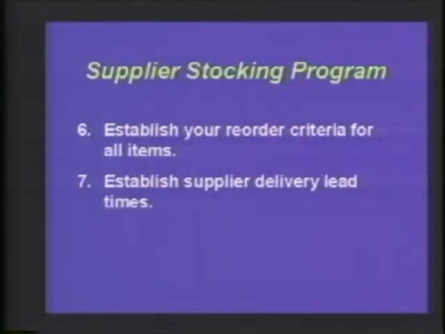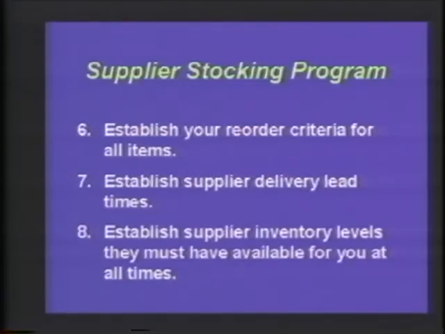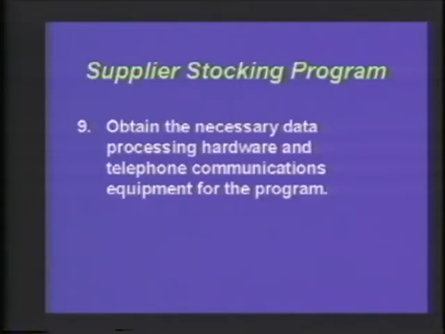Then item 7 is to establish the lead times, because that is going to help you to subjectively develop your mins and max in your reordering strategy. Then item number 9 indicates that you want to develop the necessary data processing hardware and the telephone communication equipment for the program.